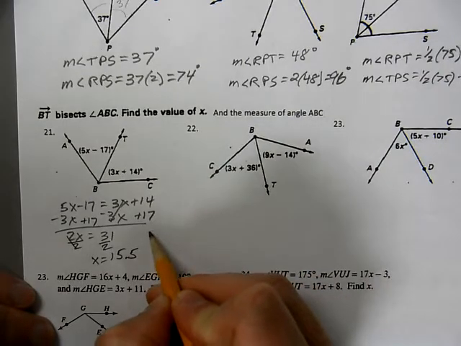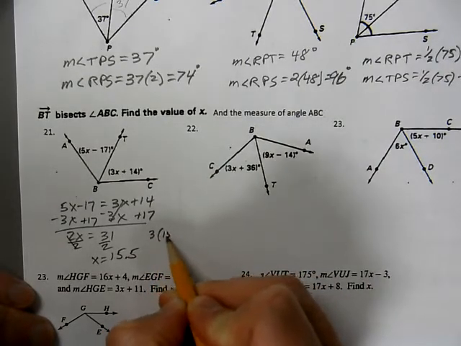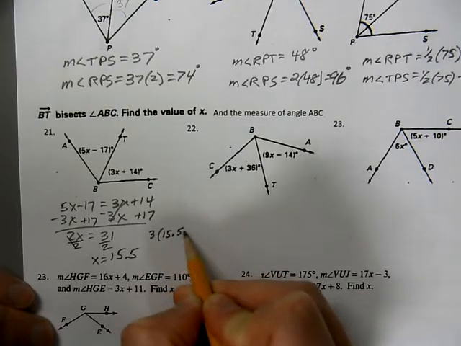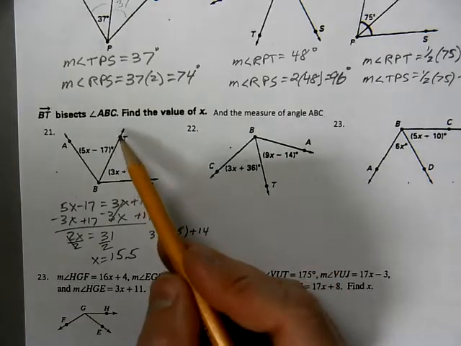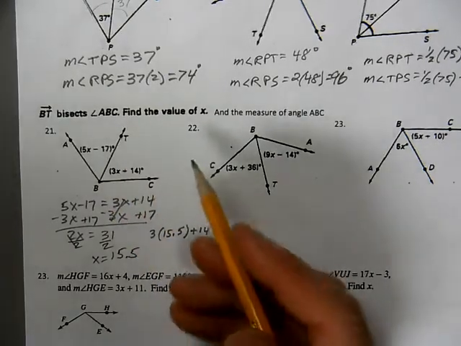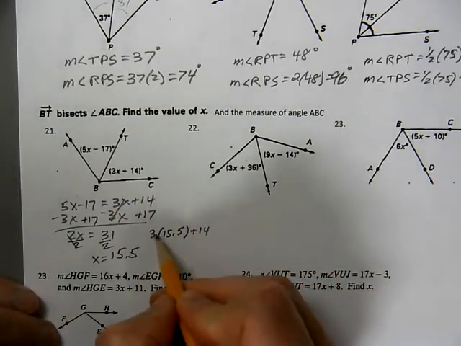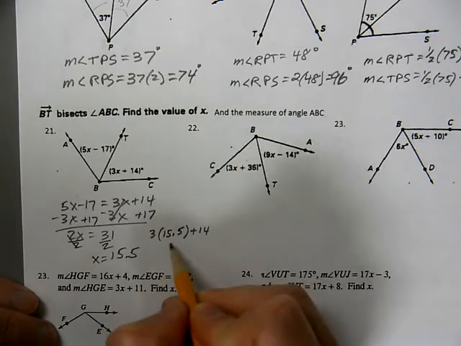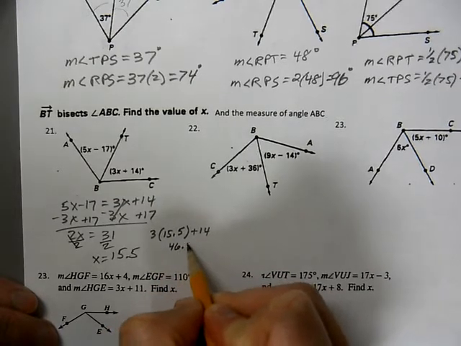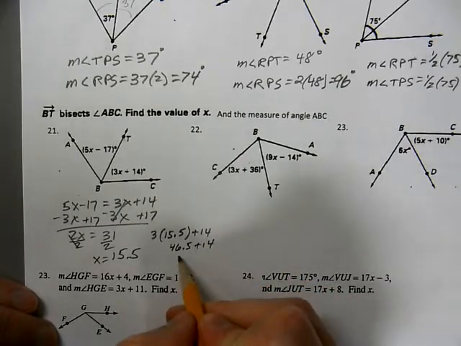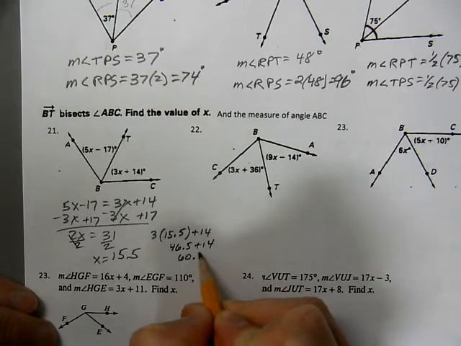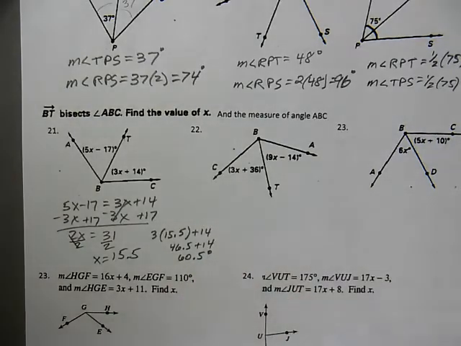So we're going to say that 3 times 15.5 plus the 14, that's the measurement of TBC. So we get 45 and 1.5, so that's 46.5. So that's 60.5 degrees.